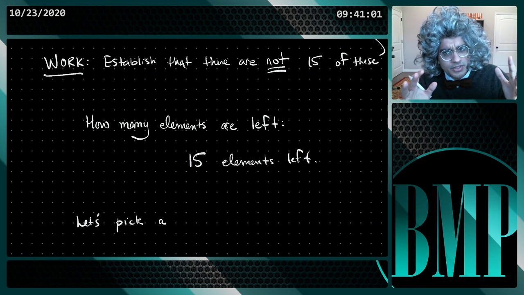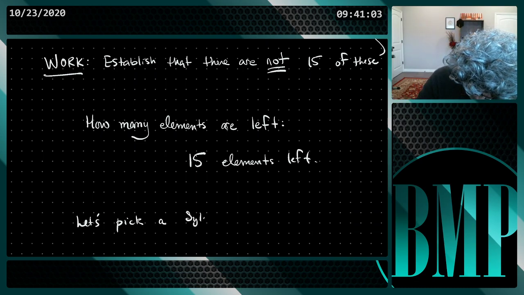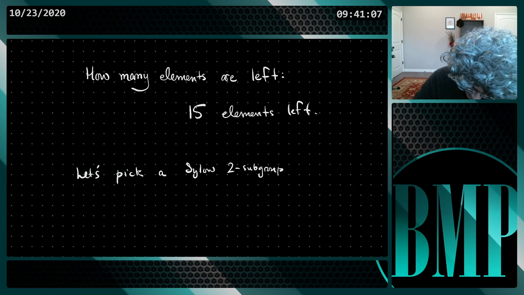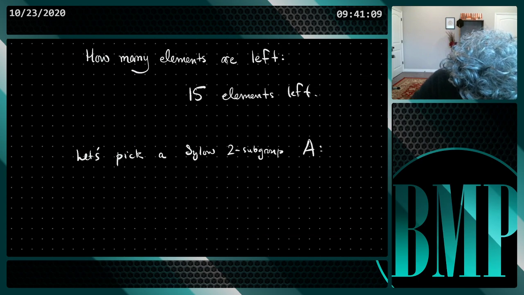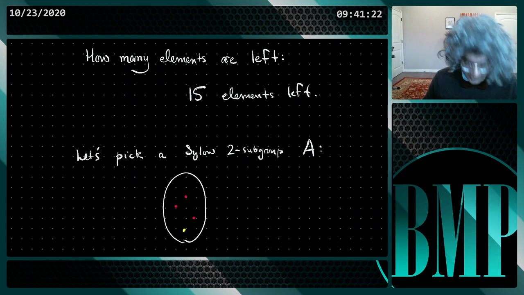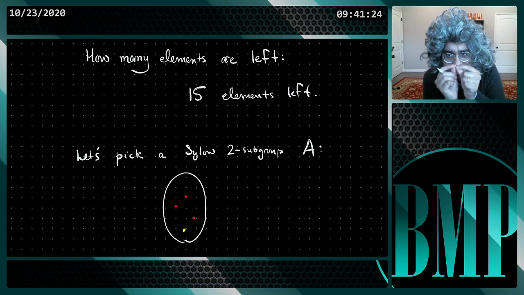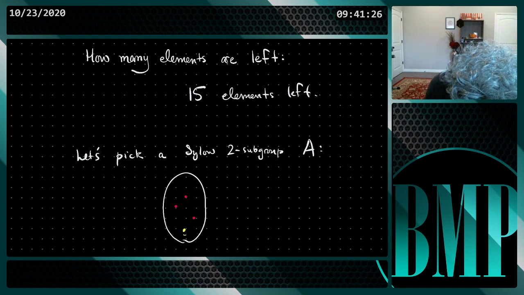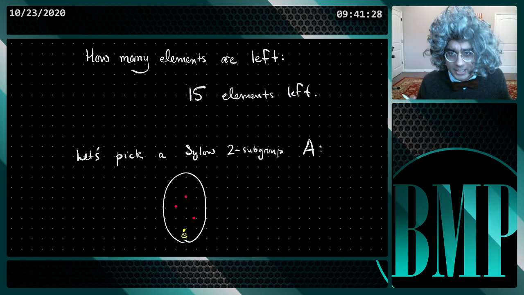Let's pick a Sylow 2 subgroup. Let's call it A. Here's A with this little identity element and then 3 non-trivial elements in it.